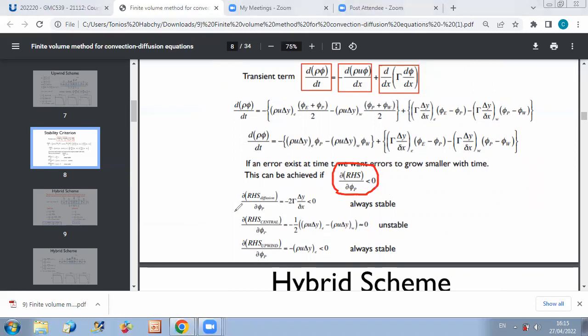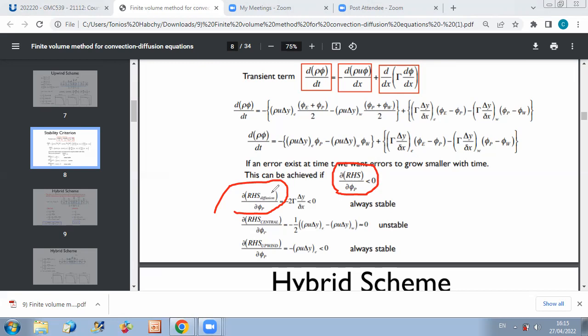So we have seen that for diffusion, we always get a negative result. This is why for the case of pure diffusion, your equation is stable, and in general, you don't have a problem.